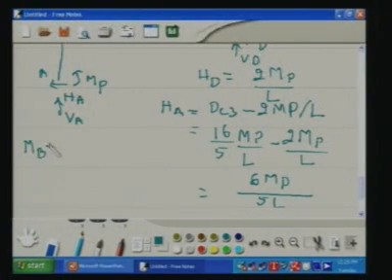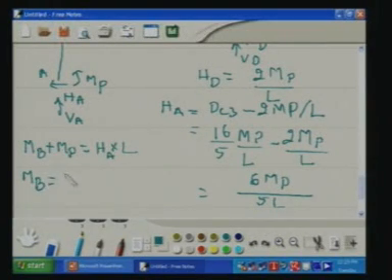MB plus MP, MP at this point, that will be equal to HA multiplied by L. So MB will be equal to HA multiplied by L, that is equal to 6 by 5 MP.